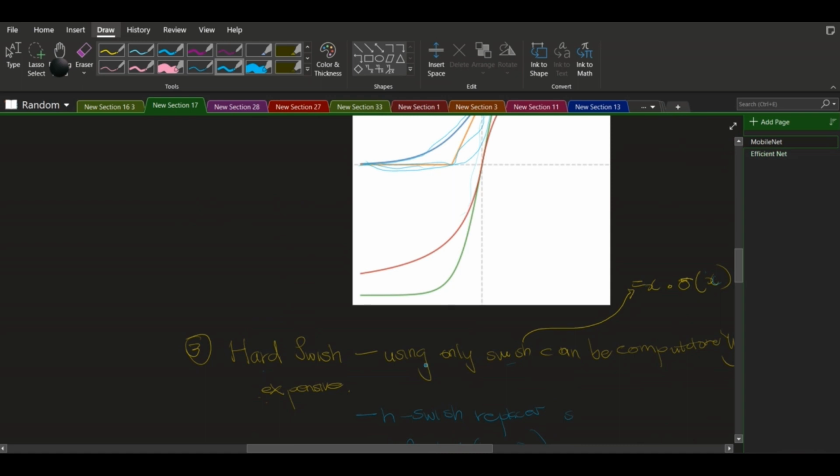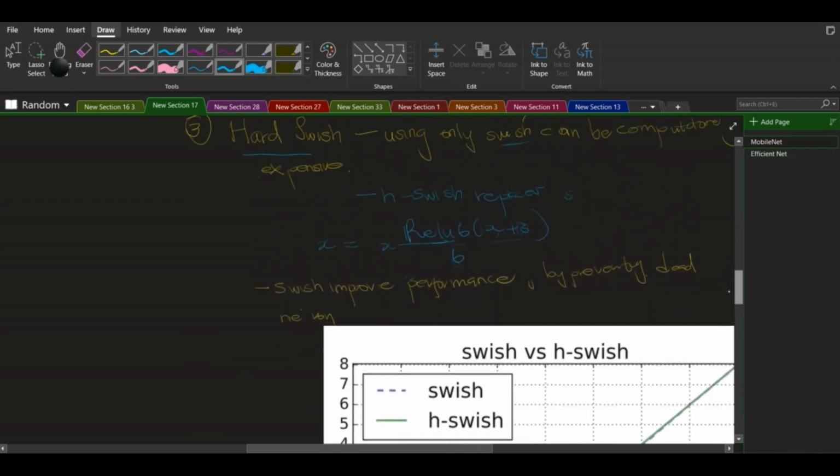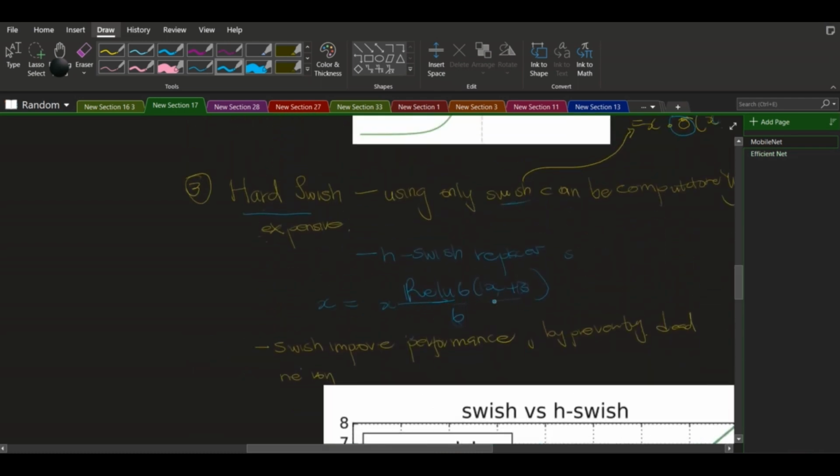Anyway, then also swish has this sigmoid operation in it, so this also can be expensive. So what they did was to introduce hard swish. In the hard swish, you can think of it as we try to use ReLU6. So we have x plus 3 and the denominator of 6.